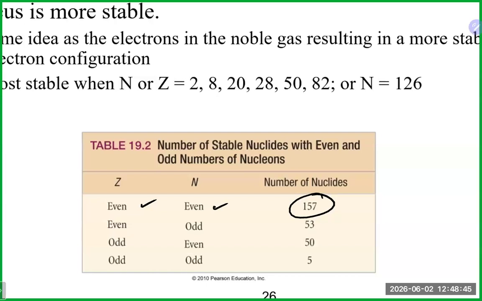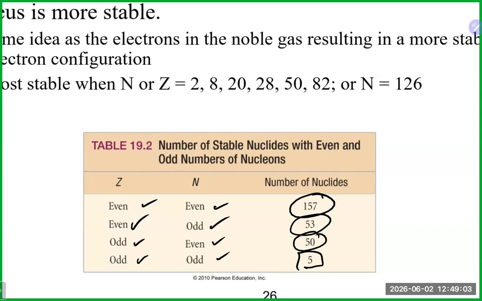The next best situation is even protons, odd neutrons, with 53, and odd protons, even neutrons, about 50. The worst situation for stability is if you end up with odd of both protons and neutrons. There are only five stable nuclei that are that way.